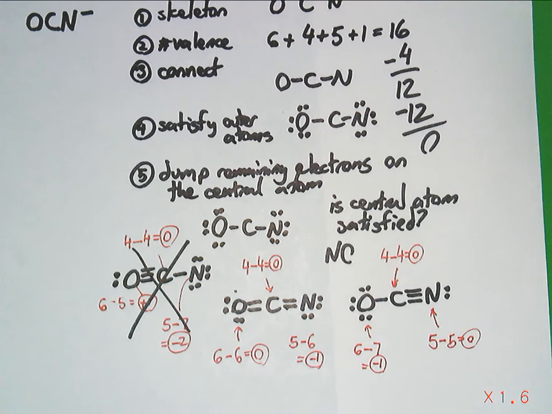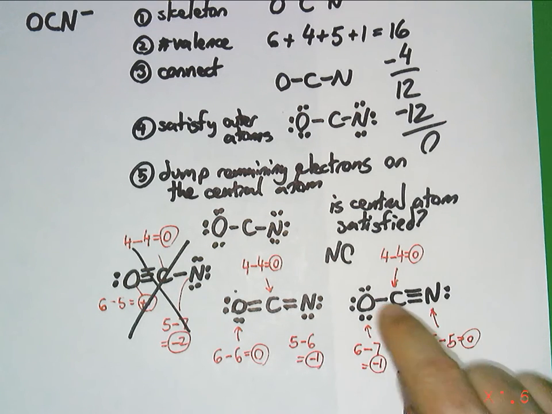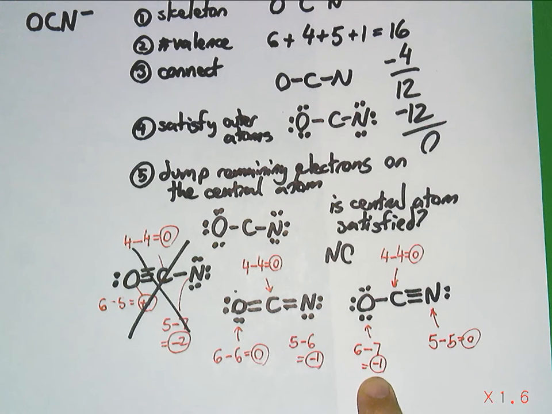I know that that oxygen has got a higher electronegativity than the nitrogen. So that oxygen is going to want the negative charge more than the nitrogen does. This structure puts a negative charge on a less electronegative atom. This one puts a negative charge on a more electronegative atom.